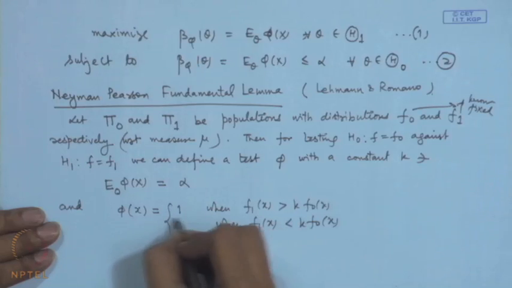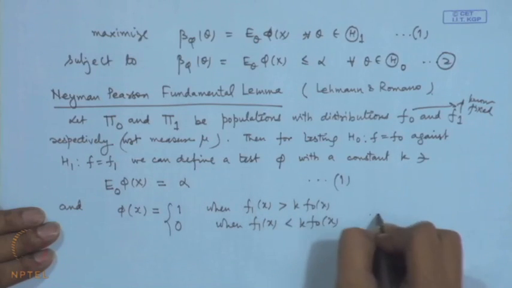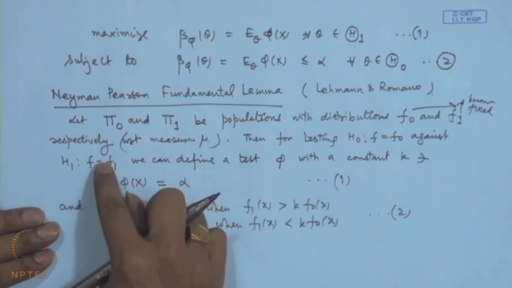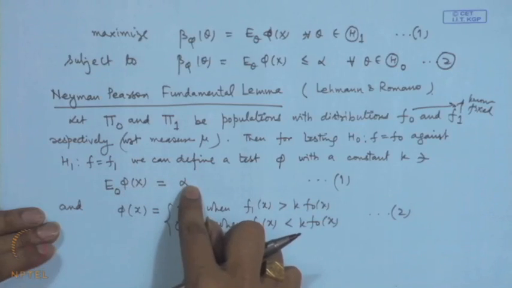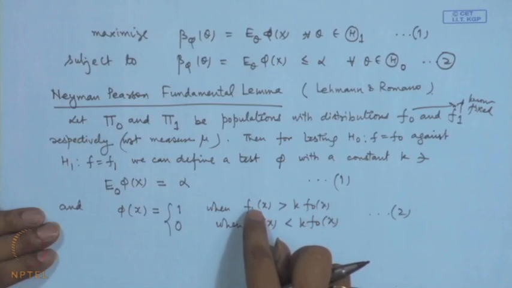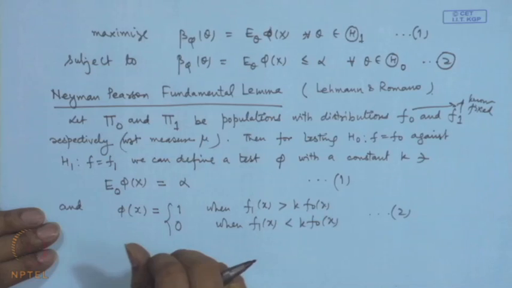So, I have not included the equality here, that part we will be defining in the proof. For testing a simple versus simple hypothesis case, we can devise a test function which will achieve the exact level of significance or exact size, and the form is this: that is if f 1 by f naught is greater than k or f 1 by f naught is less than k.